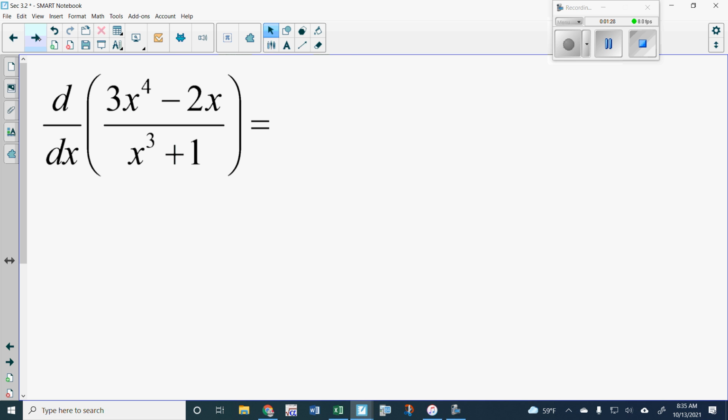So let's do an example. Quotient rule. Like I said, instead of thinking of the formulas for both product rule and quotient rule, I think it's much easier to say those words in your head.